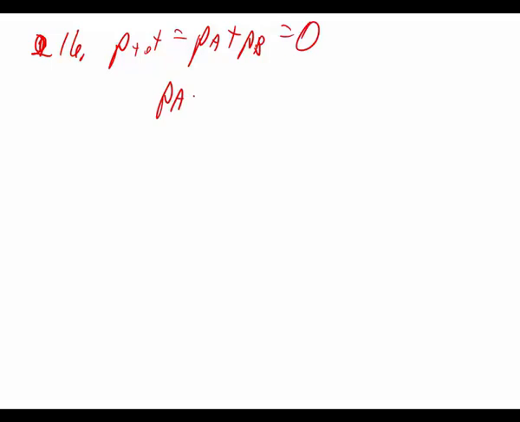Let's look at number 16. It is conservation of momentum, of course. P of A plus P of B is equal to 0, so that means PA minus PB, right?